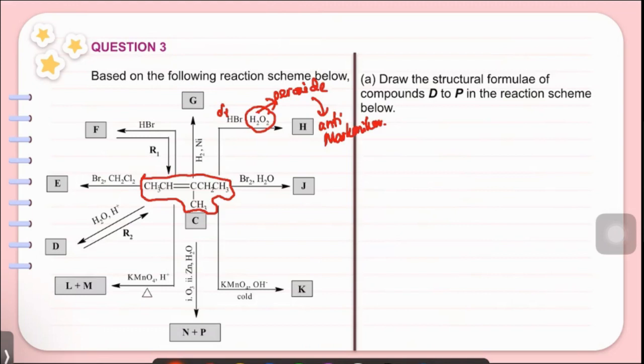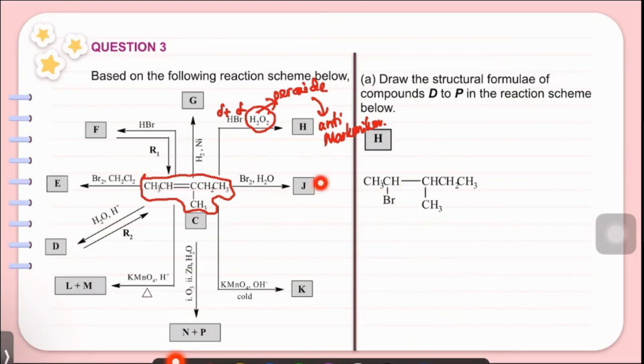Of course lah H, and then Br is more electronegative. So disebabkan product form mesti follow anti-Markovnikov, that means hydrogen here, region more electropositive, will attach to C double bond C that has a least number of hydrogen. So suggestion structure for H is like this. Okay, hydrogen attached to this C, and then Br attached to this one. Okay, so double bond become single bond.